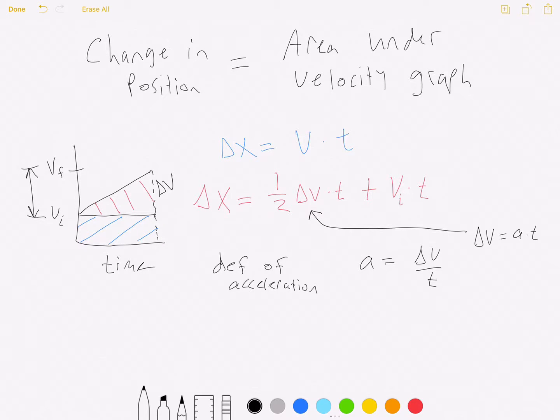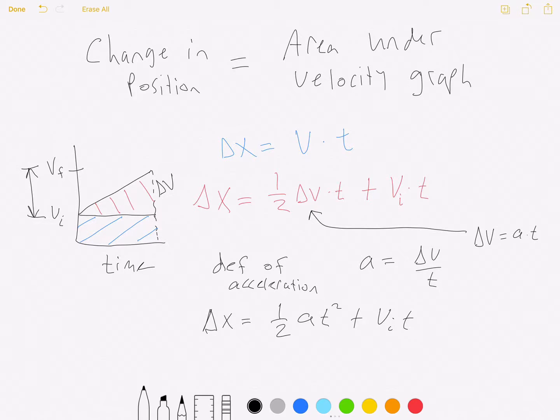Okay, so I'm just using the definition of acceleration. Do a little bit of algebra work here by making a substitution, and then we get an equation that looks kind of familiar, right? So delta x equals 1/2 a t times t, which t times t is t squared, plus v_i t.